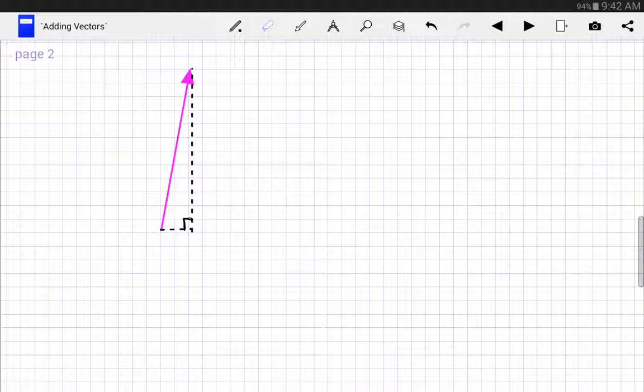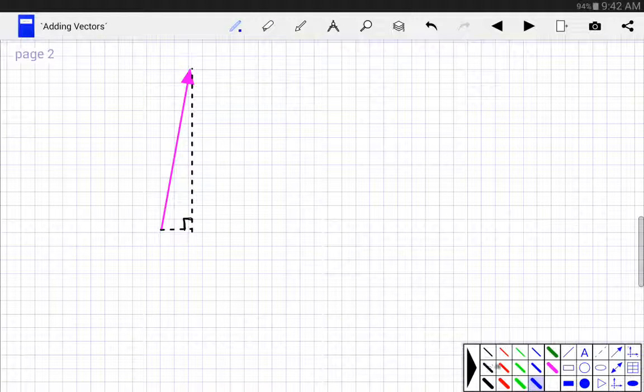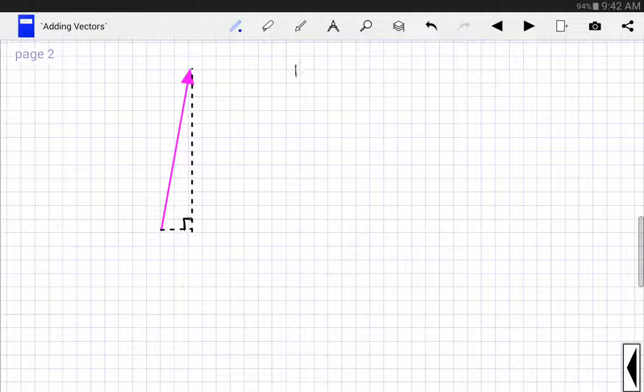Now let's remember what these words are, the Pythagorean Theorem and the trigonometric definition. So Pythagorean Theorem.